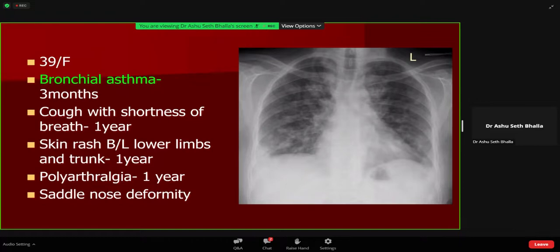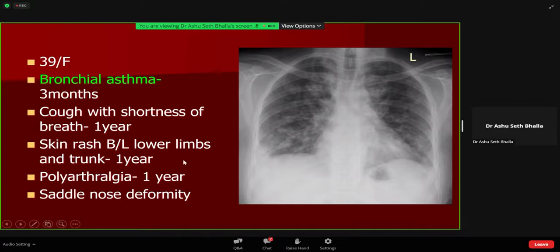So basically you work up patients who have moderate to severe or poorly controlled asthma showing very high eosinophil levels for this. And obviously when a patient is showing very high eosinophil levels and has poorly controlled asthma, the other close differential for it is ABPA in a setting of asthma.